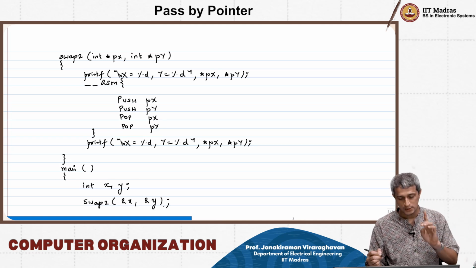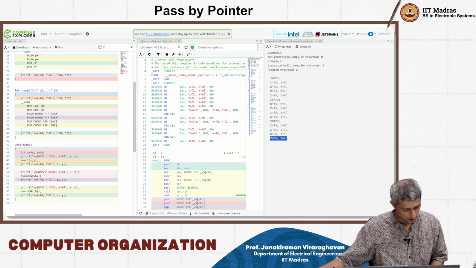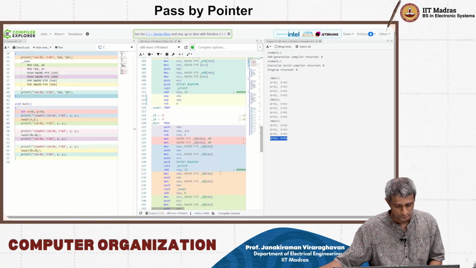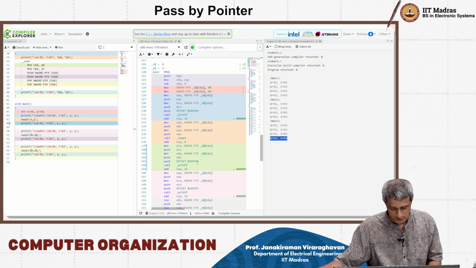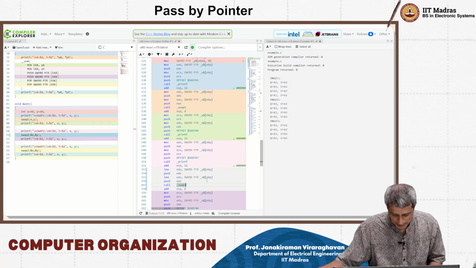Okay, this is how the function swap2 has been defined. So if you come here and look at this implementation in main for the call to swap2, right. So where is that function? Swap1 is here, after that your swap2 is here, right.